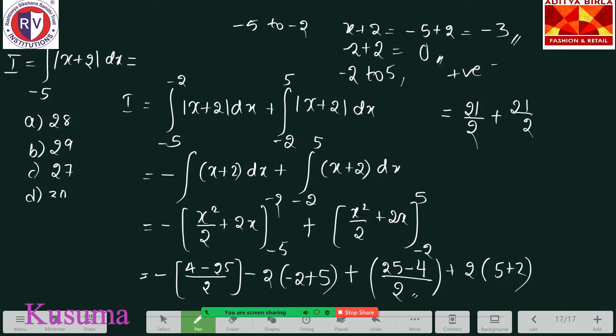This will be minus 6 plus 14. That is 21 plus 8, which will be equal to 29. So 29 will be the value of I, which is our option B.